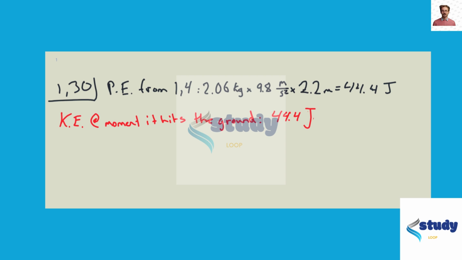Now we know kinetic energy is equal to half mass times velocity squared. So we can rearrange this to get the velocity by itself.